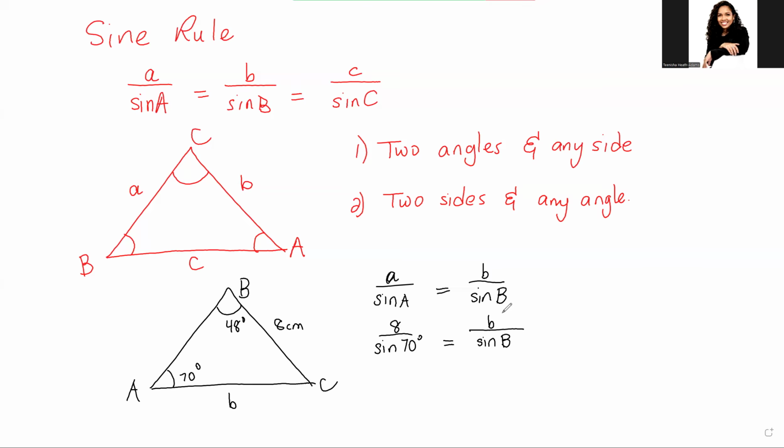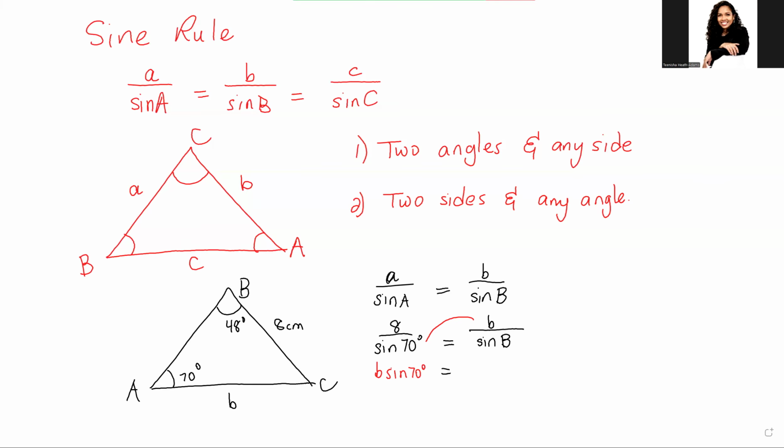So, Zafira, this is essentially what you're doing in school, this type of algebra, where you have a variable in the numerator and you need to cross multiply to rearrange the subject to make the unknown the subject of the equation. So I'll say b times the sine of 70 is equal to 8 times, oh, sorry.